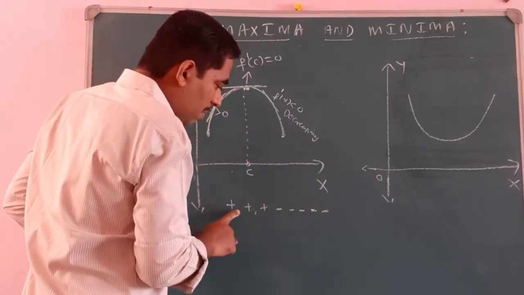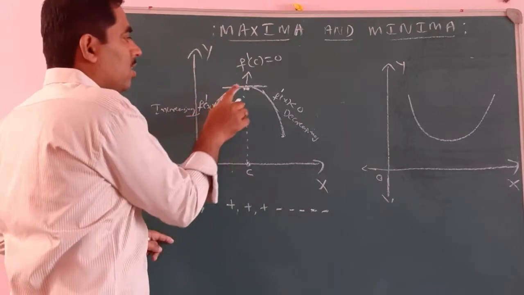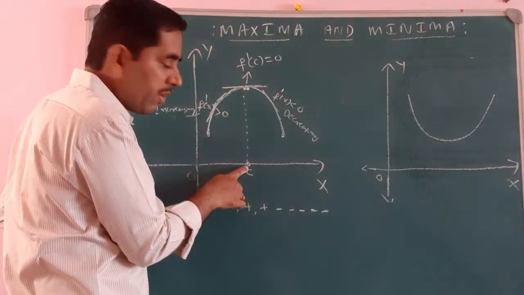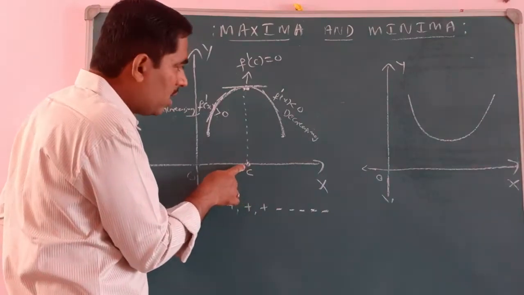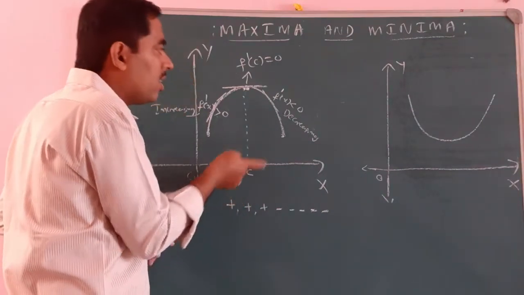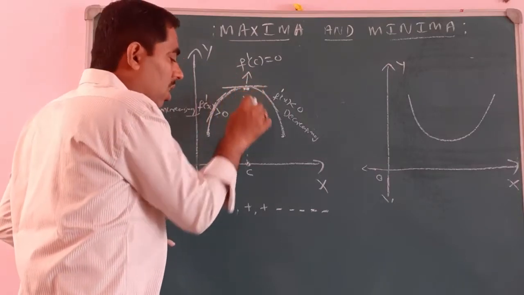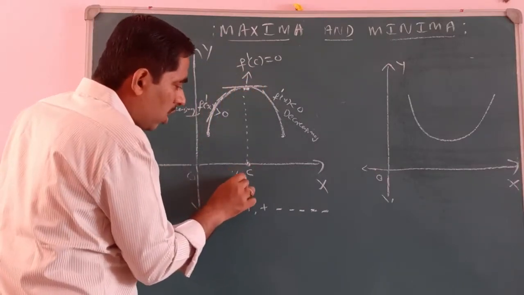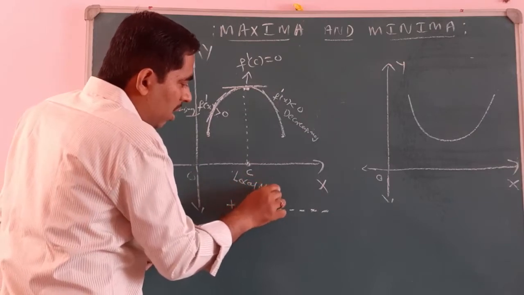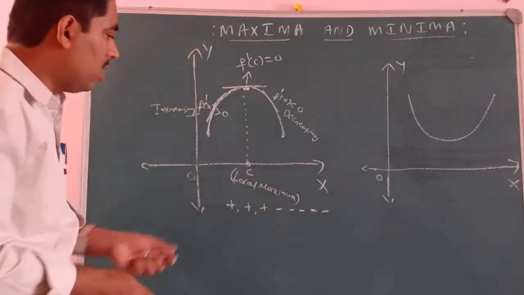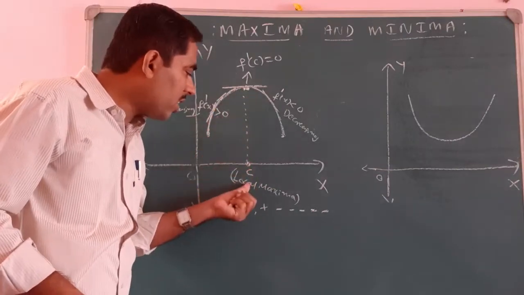So plus to minus. That point C, at this point the function is said to attain its maximum. It is called point of local maxima. This point is called point of local maxima.